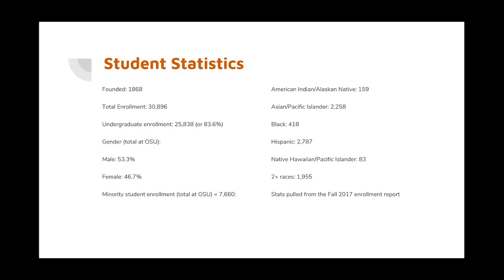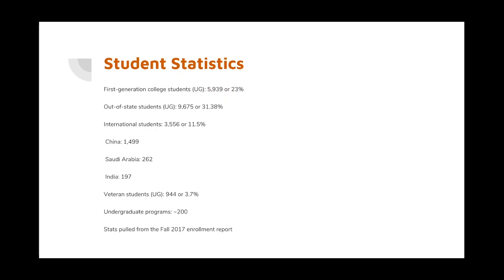If you've ever been to a cultural event, which I really recommend, because all the cultural centers have really awesome events throughout the year, students will often talk about issues they've faced and feeling like their voices aren't always being heard, or concerns that directly apply to them. It gives you an idea of the different students that we're working with here. We also have around 23% of our student population who are first-generation college students.